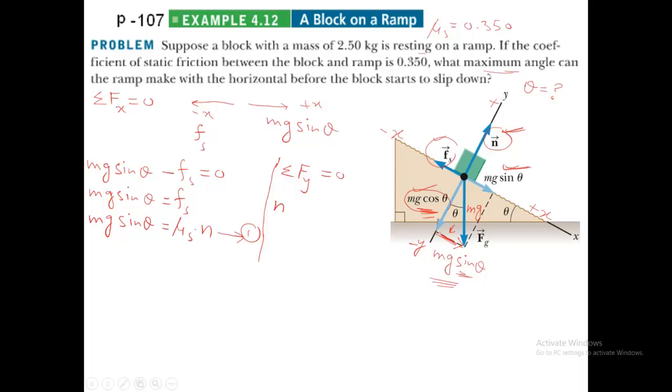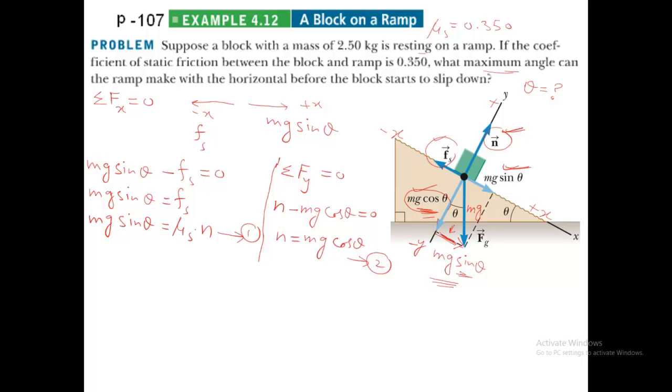So you should write here minus mg cosine theta equals 0. If I take this on the other side, it will become positive, right? So n is equal to mg cosine theta. Let me call it number 2 equation.